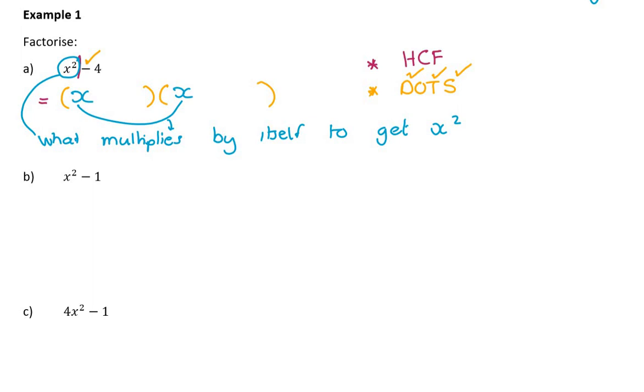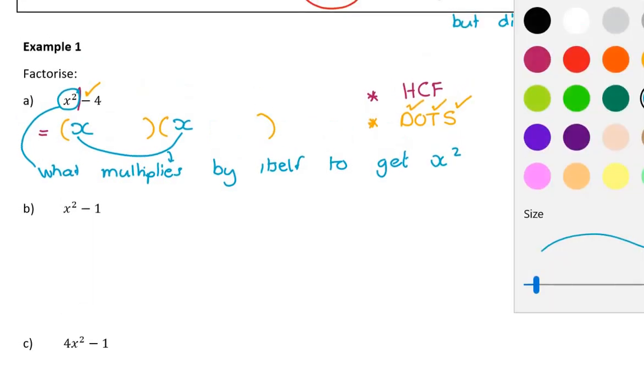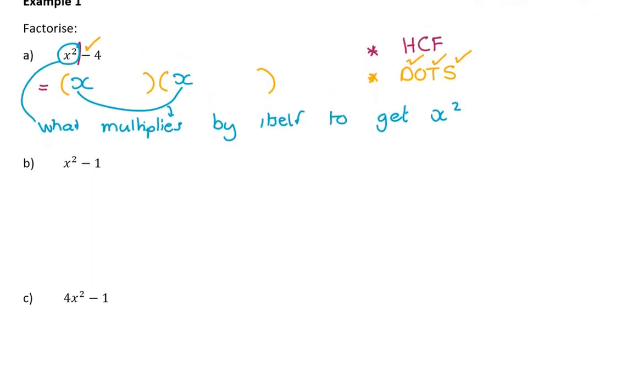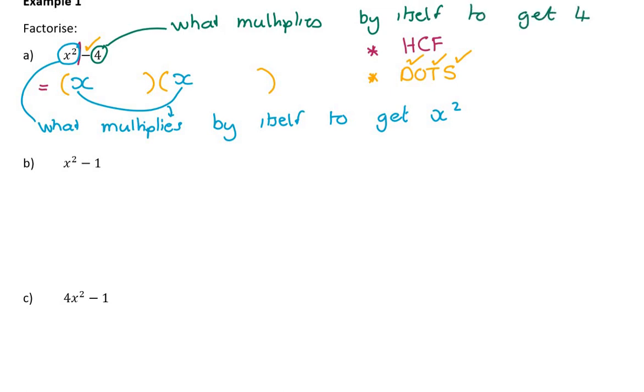Remember, it has to be multiplied by itself. These brackets have to be identical. Then we say to ourselves, what multiplies by itself to give me 4? Now again, it has to be identical. So it's 2 multiplies by itself.